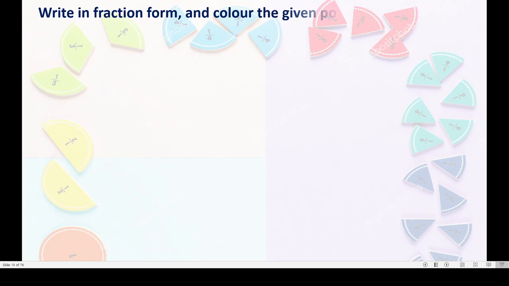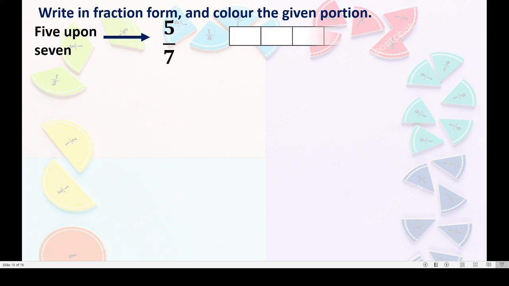Now write in fraction form and color the given portion. First we have to write this in the fraction form. 5 upon 7. You know how to write. 5 is the numerator and 7 is the denominator. Isn't it? 5 upon 7. Now see this picture.